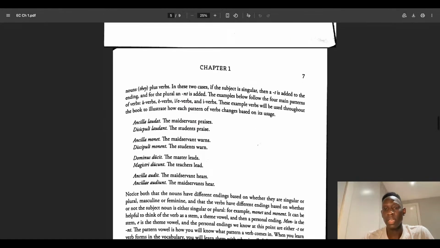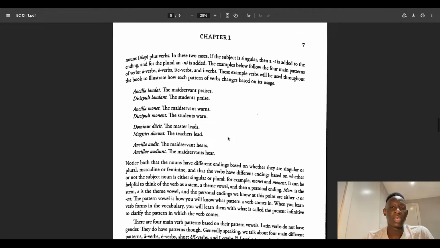In these two cases, if the subject is singular, then a t is added to the ending, and for the plural, an nt is added. The examples below follow 4 main patterns of verbs: a verbs, e verbs, i or e verbs, and i verbs. These example verbs will be used throughout the book to illustrate how each pattern of verbs changes based on its usage.